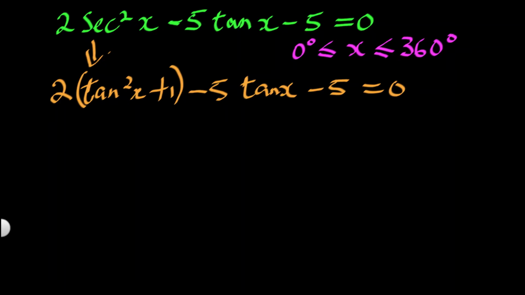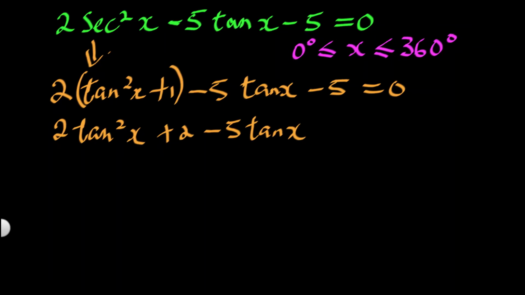You're going to rely on your identities or your knowledge of identities. Let me simplify further. So we get from here 2 tan squared x plus 2 minus 5 tan x minus 5 equals 0.